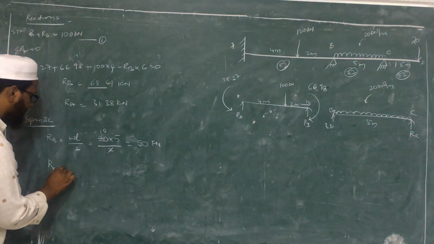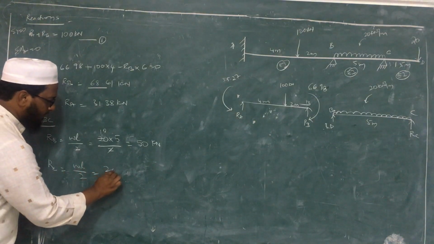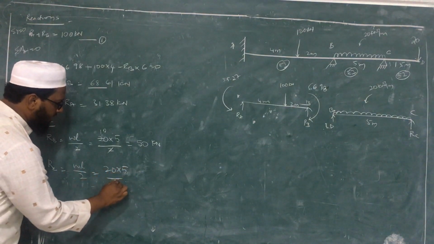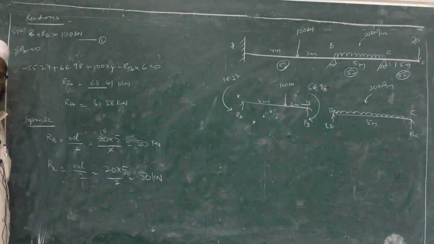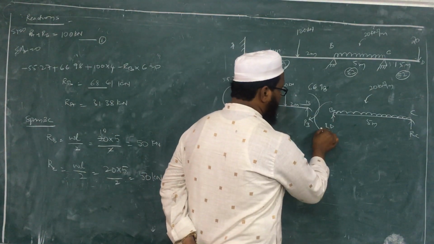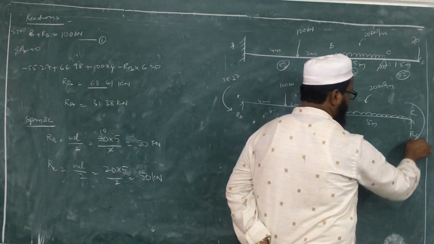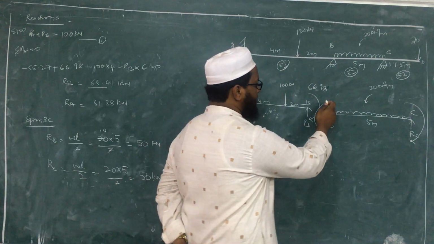What about RC? RC is also WL by 2, 20 into 5 by 2, which is equal to 50 kilonewton, isn't it? But we have left over one more thing, that is these moments. What are these moments we have? What is this moment?